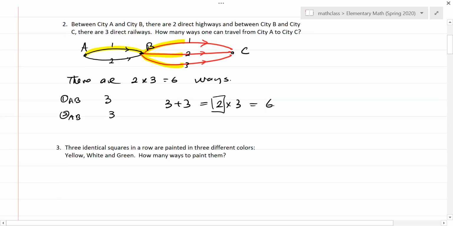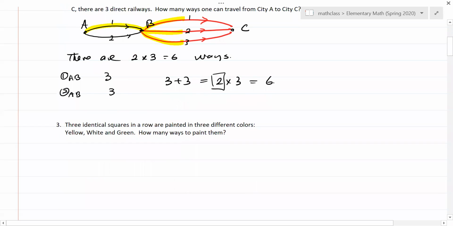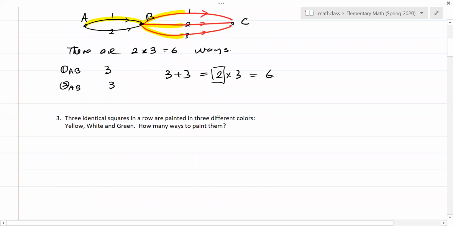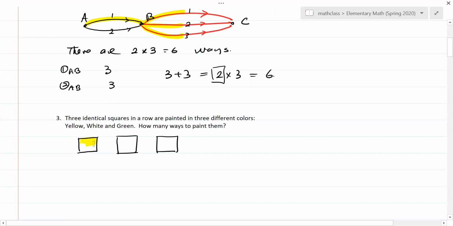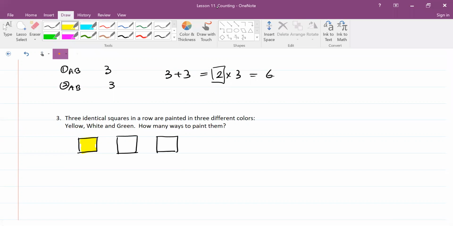All right, take a look at the next problem. It's a slightly different new problem. We have 3 identical squares, and each square is painted in one of 3 different colors: white, yellow, and green.